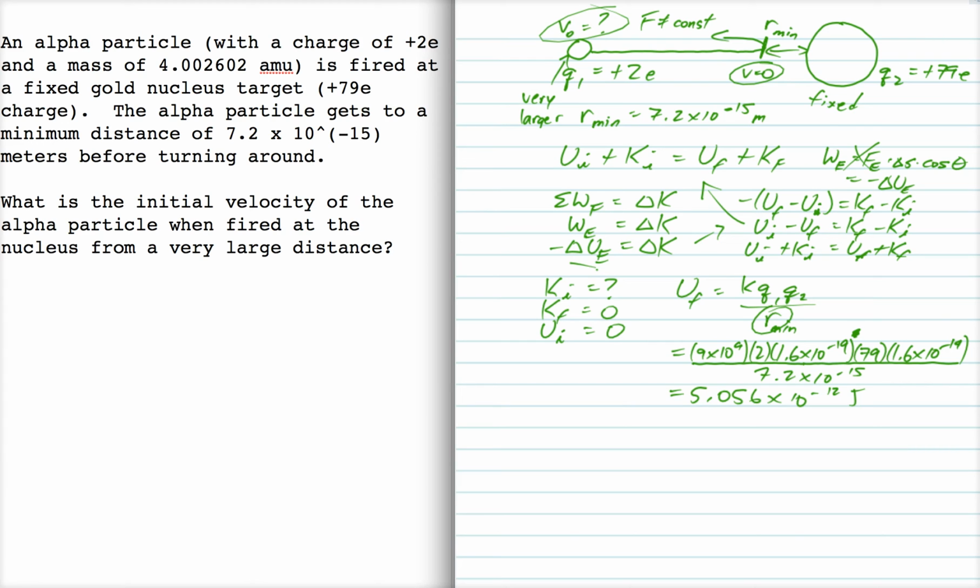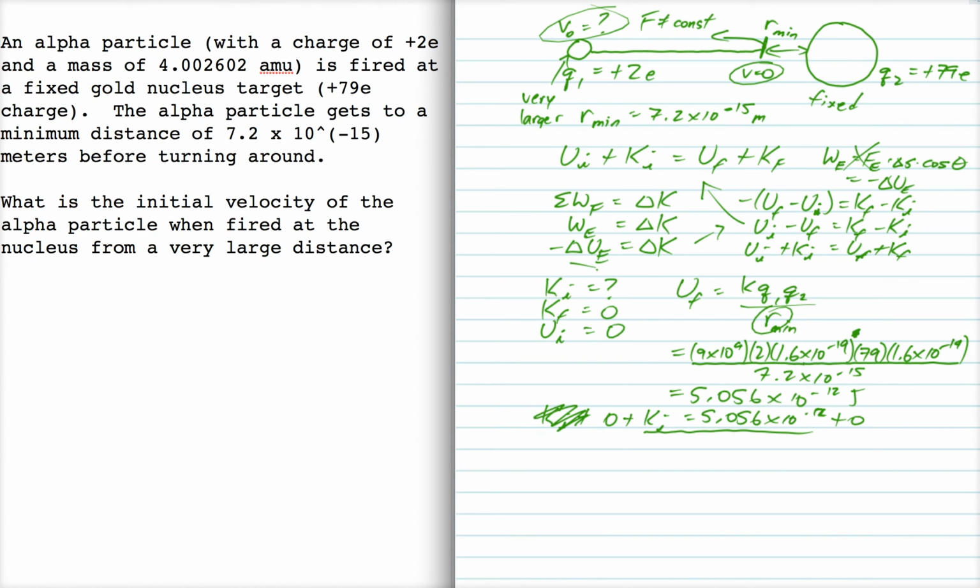Okay, so I've got Ui plus Ki. So 0 plus Ki is equal to 5.056 times 10 to the minus 12 plus 0. Right? So Ki is equal to that.